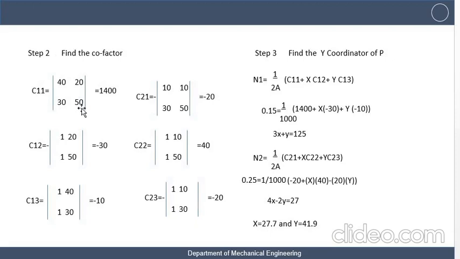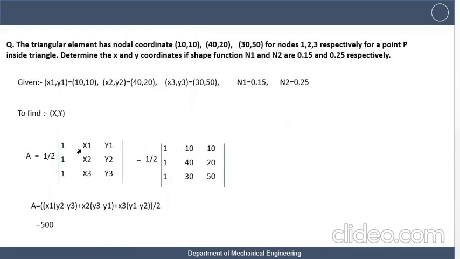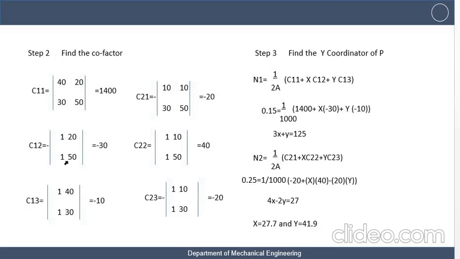For C12, eliminate the first row and second column. So we'll get 120, 150. Similarly, calculate C13, C21, C22 and C23. Please remember, you have to change the signs of C12, C21 and C23.